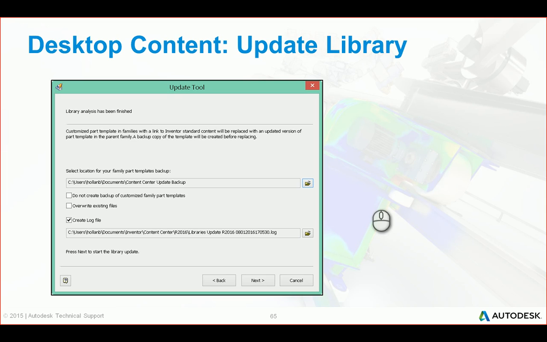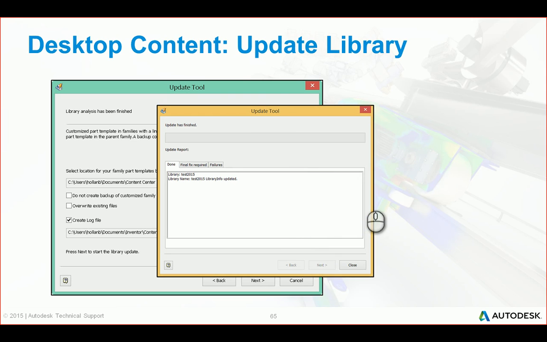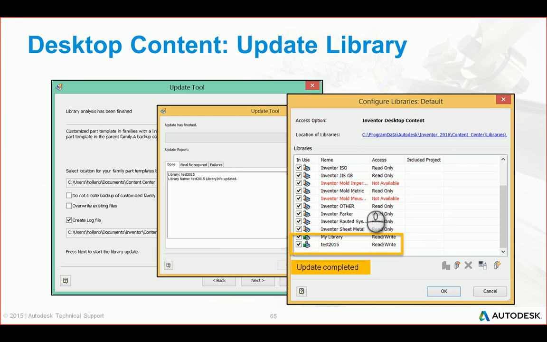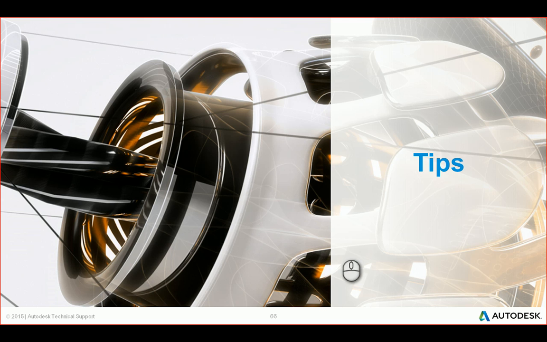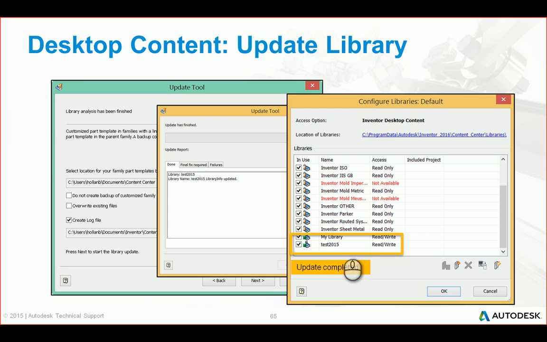Do we want to create a log file and backup? Generally, yes. And it just gives you the options. After it's done, it will then become available. The thing about migrating, if it's the same name, you'll notice it didn't change the name. It's still referencing test 2015. I've seen some that reference going quite a ways back, so you might want to think about how you want to name those so that it's relevant for you.